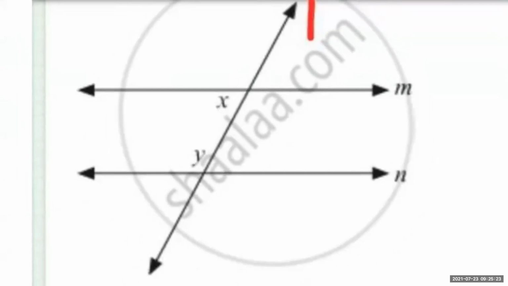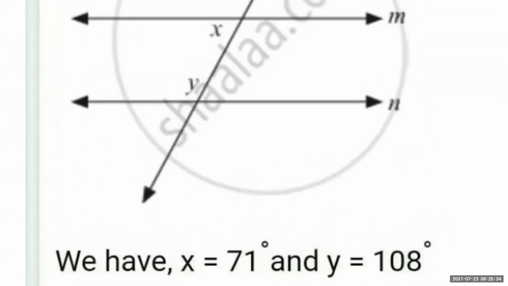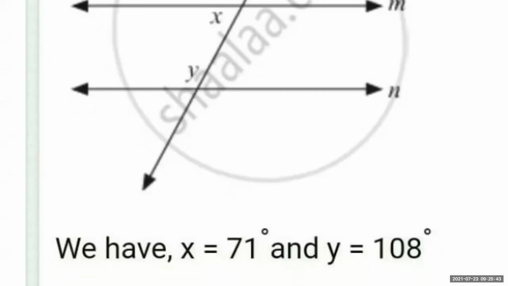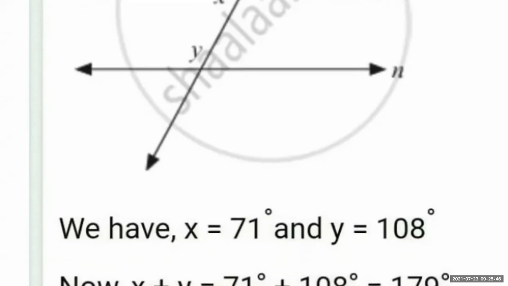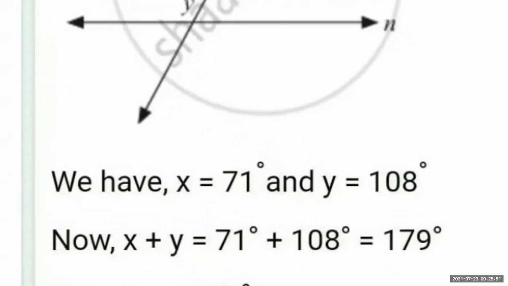So we have to add the measurements of the two angles, and that is given to us. Angle X is given as 71 degrees and Y is given as 108 degrees. So just add both of the angles and see if they measure 180 degrees. So see the next step: angle X plus angle Y equals, the values are put here, 71 plus 108, and what will be the total?